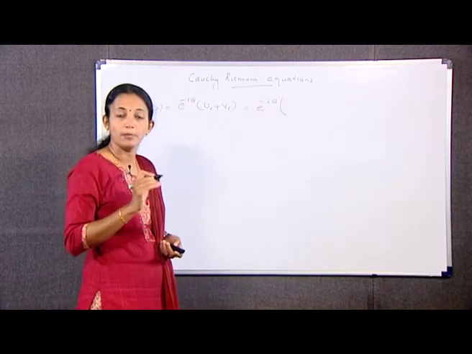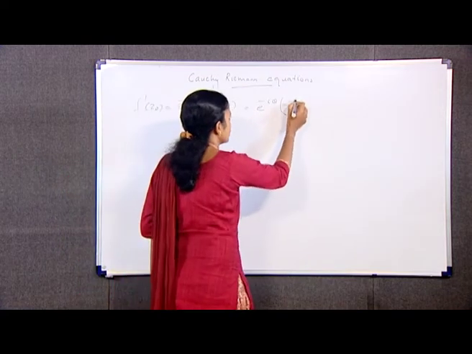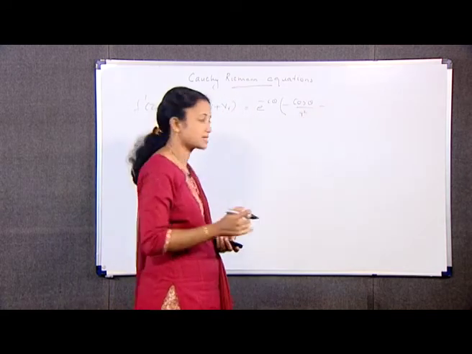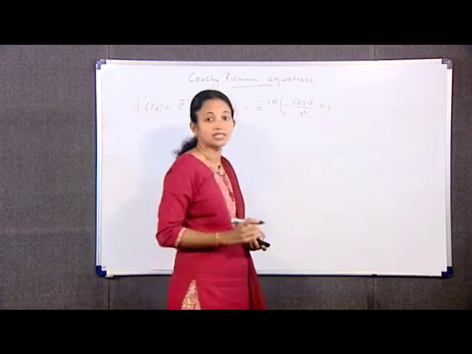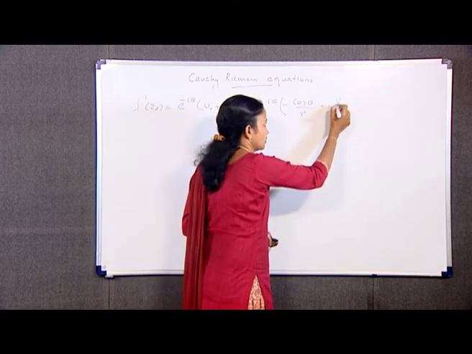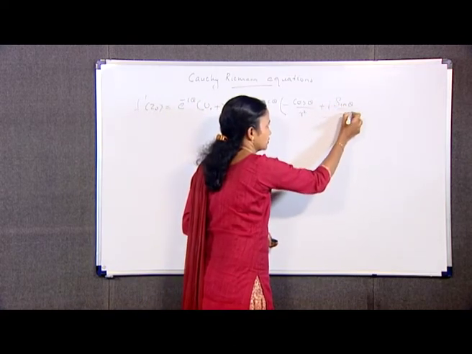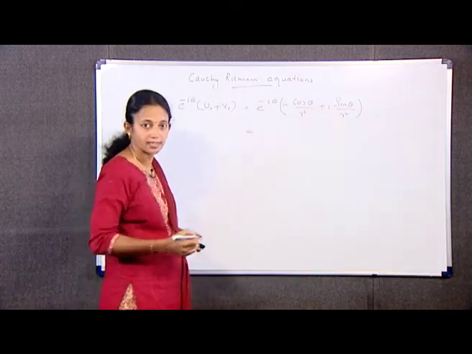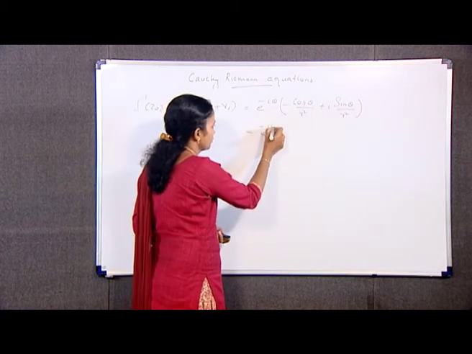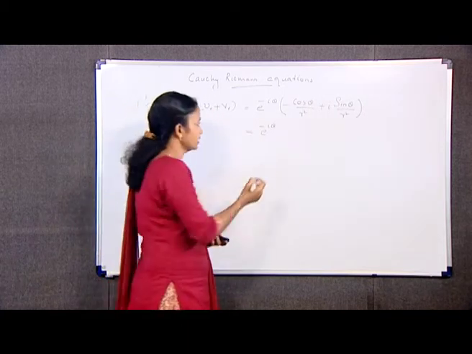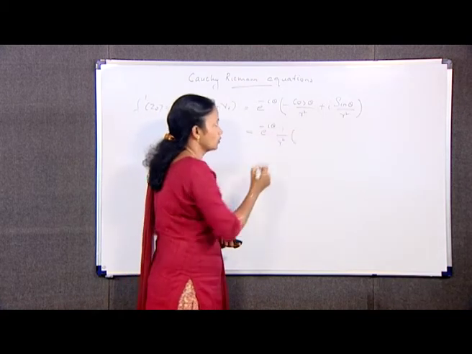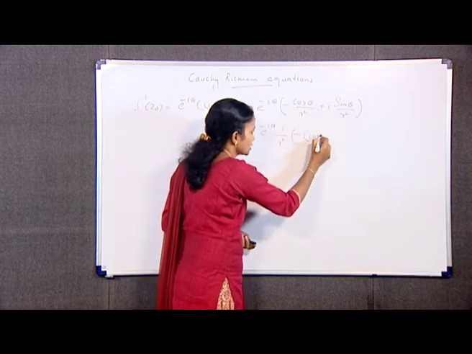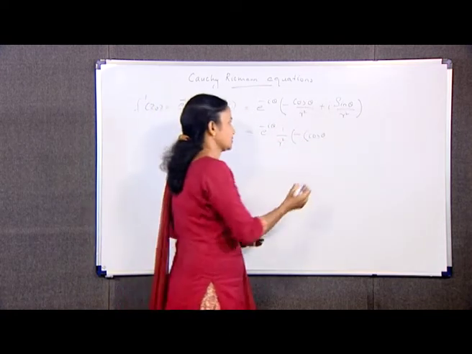Our u r is minus cos theta by r square, and of course v r is plus I into sin theta by r square, which we can write as e raised to minus I theta into, I can take r square outside. So, this is 1 by r square into minus cos theta, and also I can take minus outside, cos theta minus I sin theta.